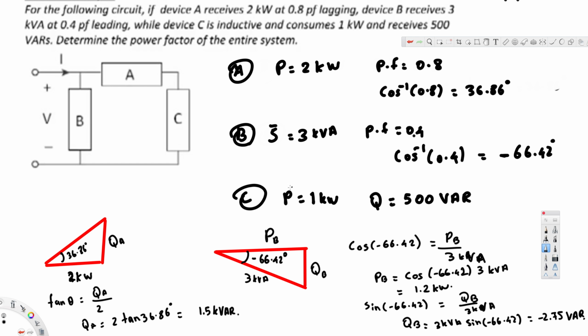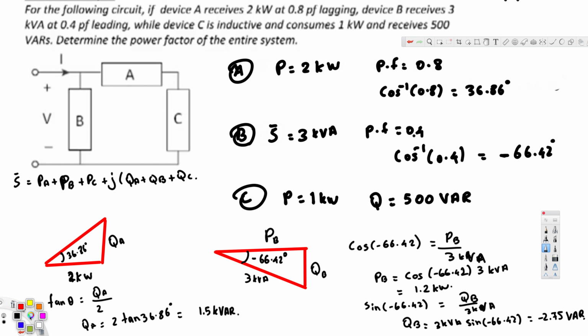Now let's go ahead and find our total apparent power. To find the total apparent power, we add all the P and Q. Here we are going to have PA plus PB plus PC, plus j, after that QA plus QB plus QC.